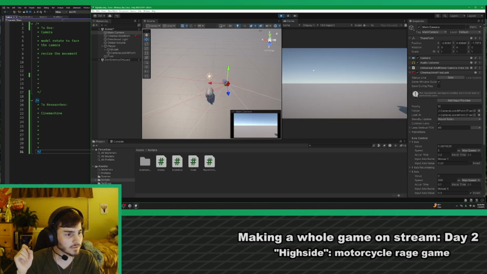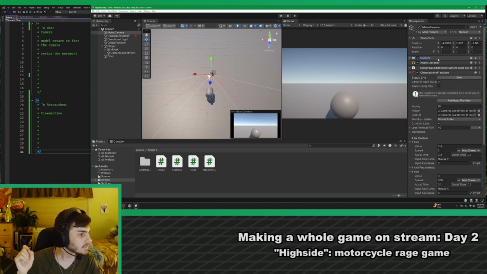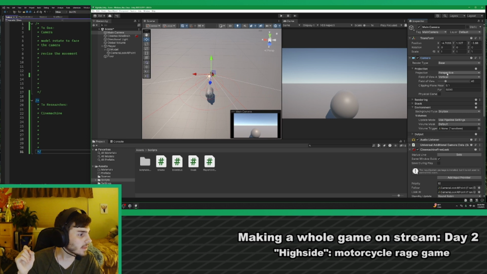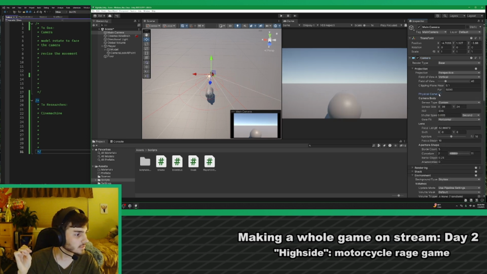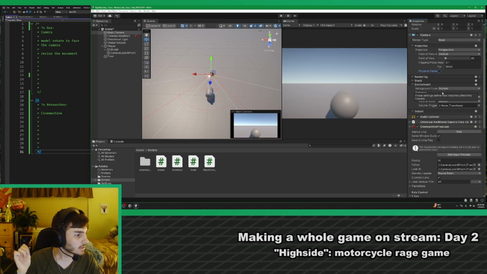No, that's not doing anything. Is it a setting I have in camera? Perspective. It's physical camera. What does that do? Oh, okay. That's trigger. Correct.